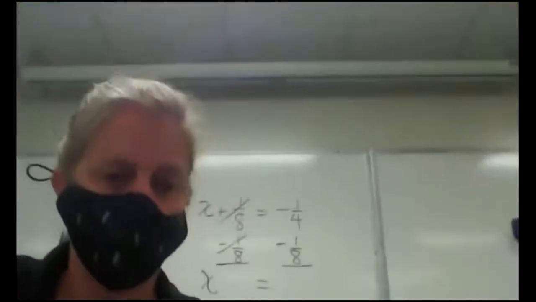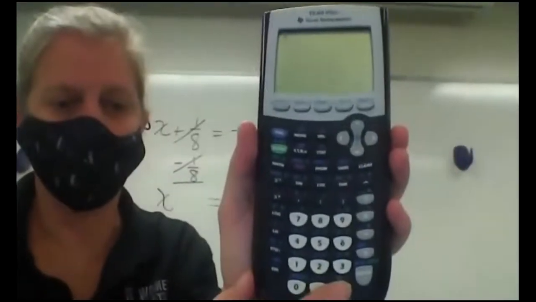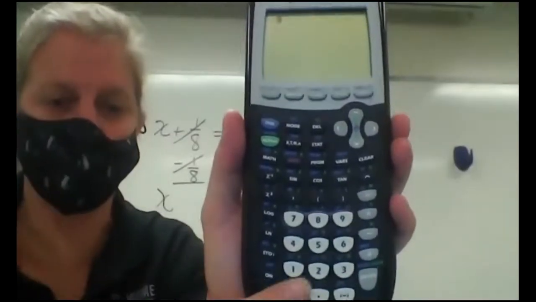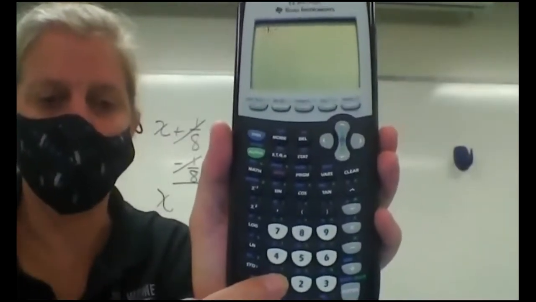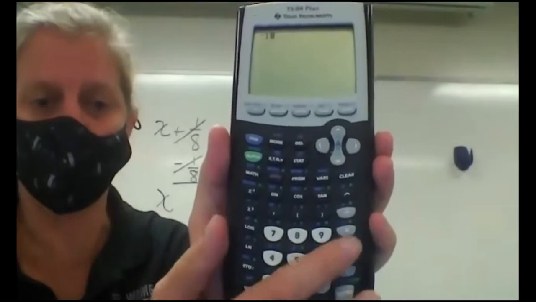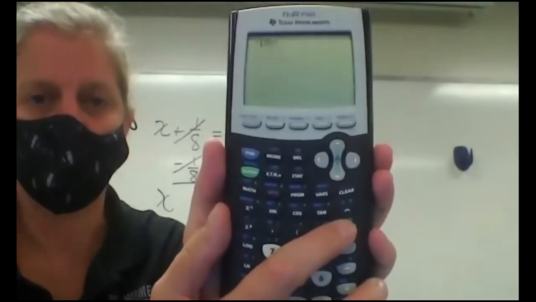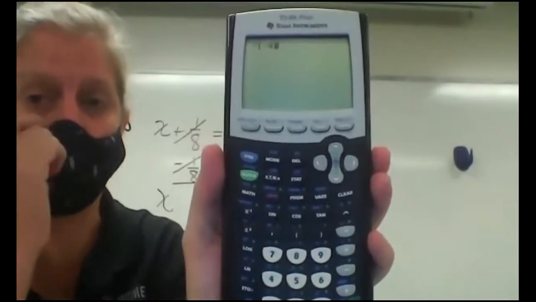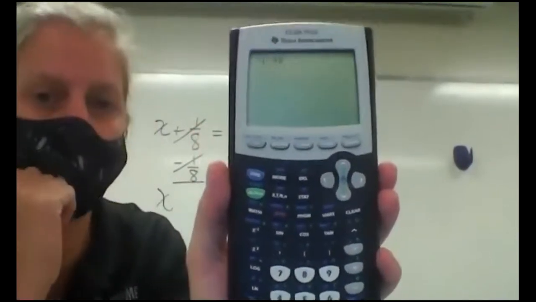I'm going to move this out just a second. So negative. So I need to type in 1/4. The way that you type that in is just do 1. The way you make the over symbol is the divided by button, 1/4. So -1/4.